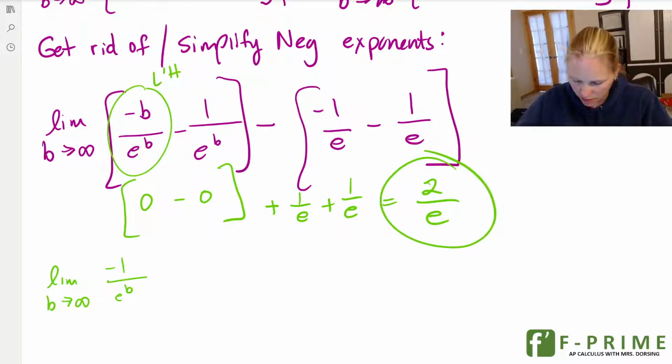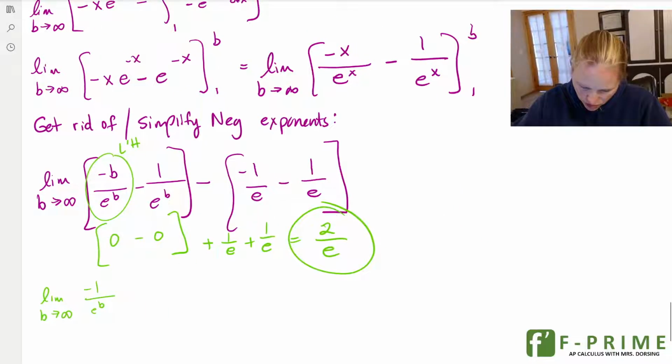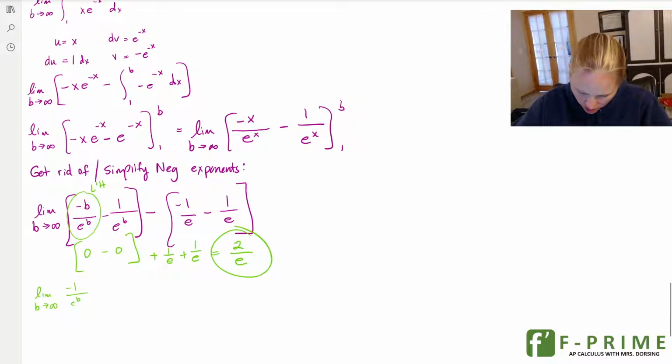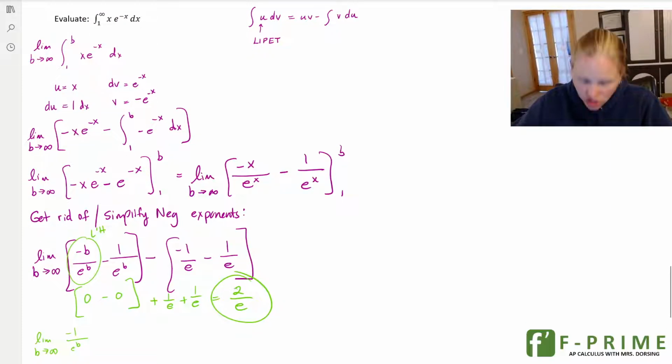And that's my answer. So evaluating these gets really complicated. We need to be confident in our integration techniques, in our limit techniques, and with our L'Hopital's rule. There's a lot of pieces that go into solving these problems, and the more of them you do, the better you are going to get.